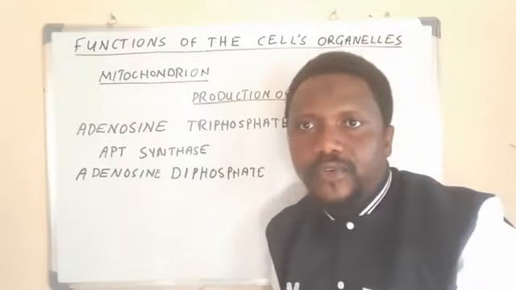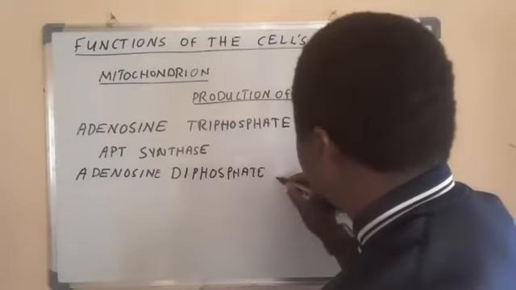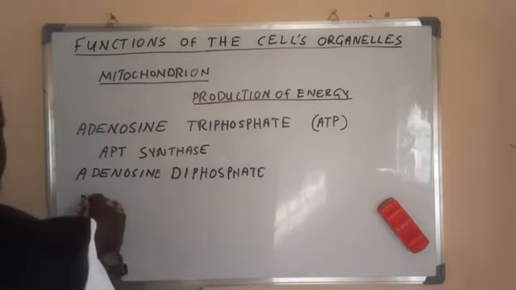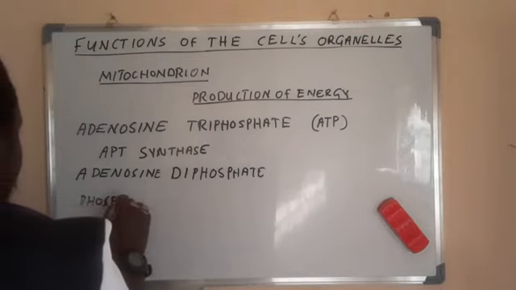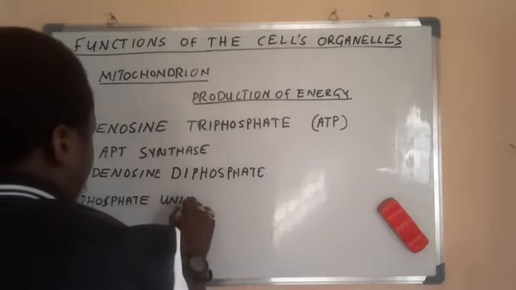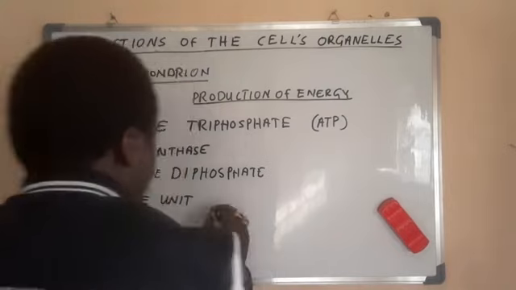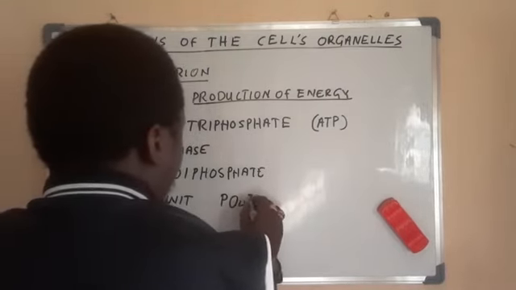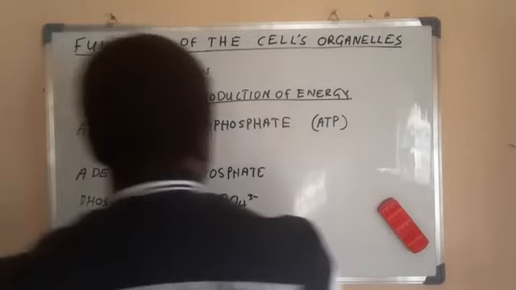Actually, the phosphate unit is PO4 3 minus ion.